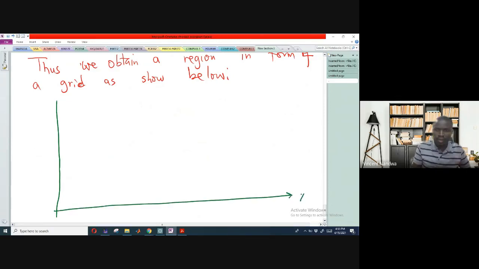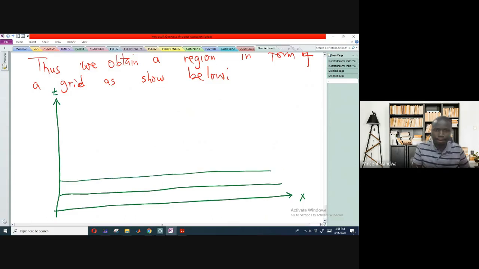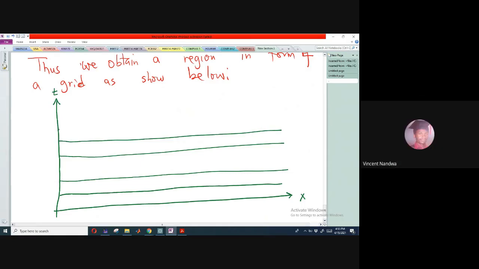So this is the x, and then this is the t axis. So we show that the intervals are equal.